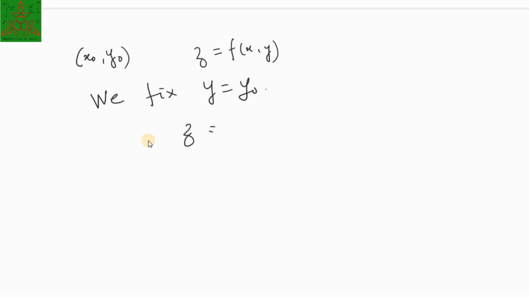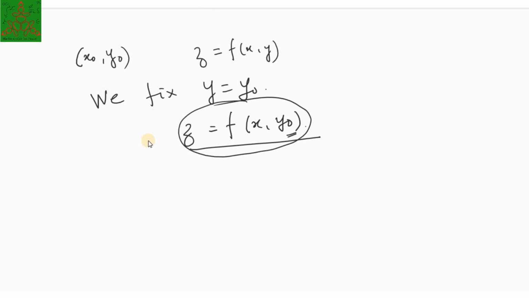Observe f as a function of x comma y0. This is actually a function of one variable because we have fixed y equal to y0. Now we can talk about the instantaneous rate of change with respect to x, that is d by dx of f of x comma y0. The value of this derivative at x0 gives the measurement of the instantaneous rate of change of f at point x0, y0.